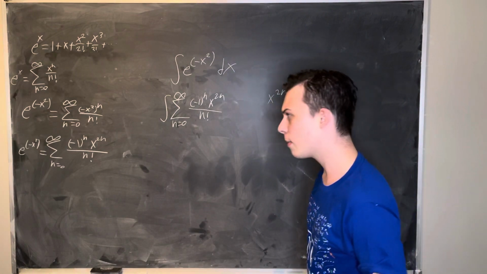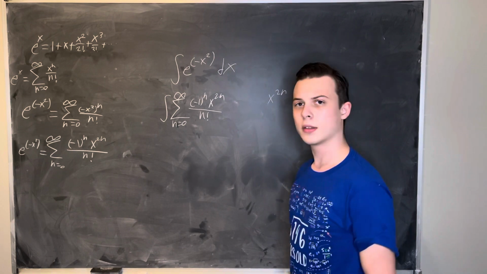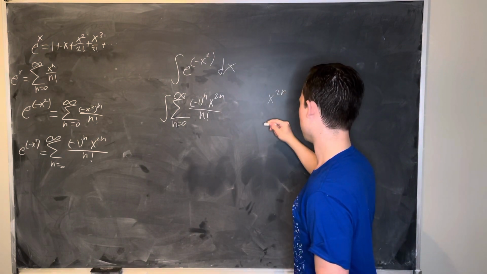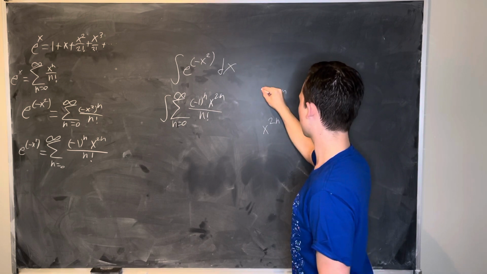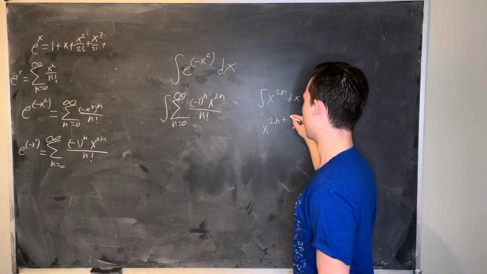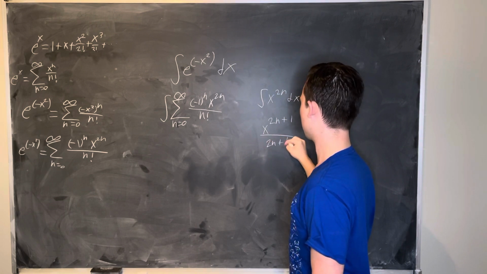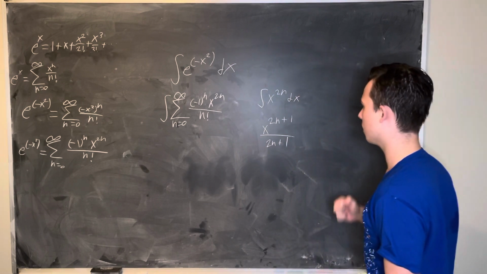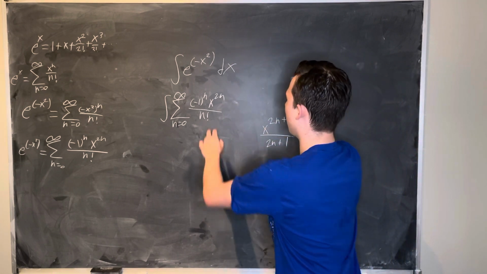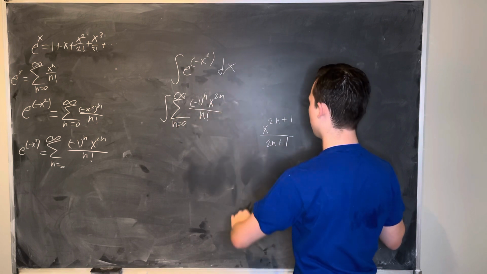Remember, when we expand the series out, that's just going to be a constant. So really, we can just use the reverse power rule. So the integral of x to the 2n with respect to x is equal to x to the 2n plus 1 over 2n plus 1. And this is a constant, so we can move that out of the integral. So we're just concerned with x to the 2n.